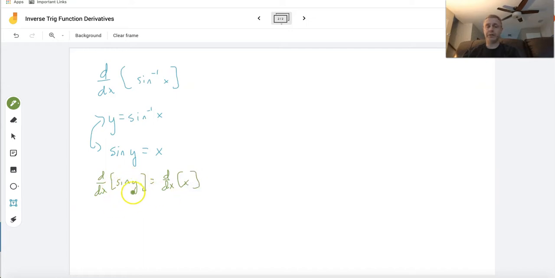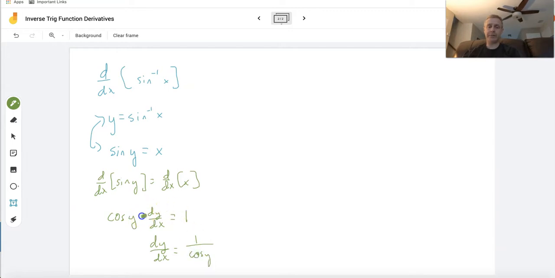The derivative of sine of y with respect to x, performing an implicit differentiation: we know the derivative of sine is cosine, so it'll be cosine of y. But because there's a function inside, that y there, we need to multiply this by dy/dx. And then the derivative of the right-hand side, the derivative of x, we know is just 1. Then solving for dy/dx, we get that dy/dx is equal to 1 over the cosine of y.